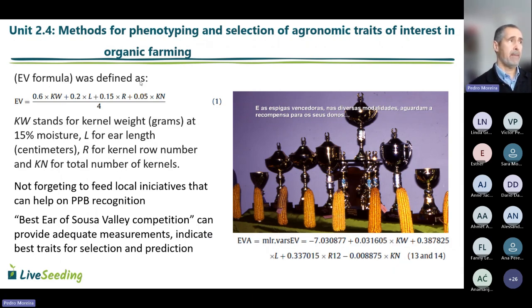And because of that, we also defined the ear value formula that was later adapted. This was the first one, which was done empirically, and then we improved it with a formula based on the results of the ear per se, the population, and the yield obtained from those ears.